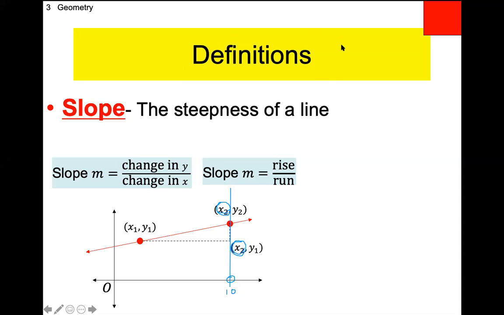So that is why I'm able to claim that the x value where the 2 dotted lines intersect is x sub 2. By the same logic, that's why that value is y sub 1. Notice on the horizontal line that goes from x1, y1 to x2, y1, any point on that horizontal line, this dotted one right here, has the same y value.